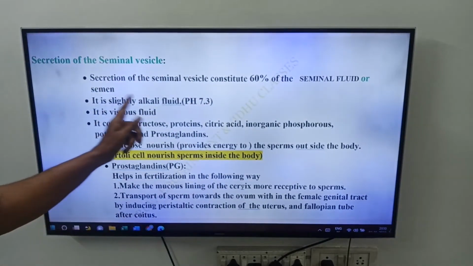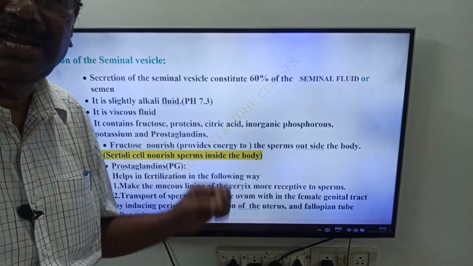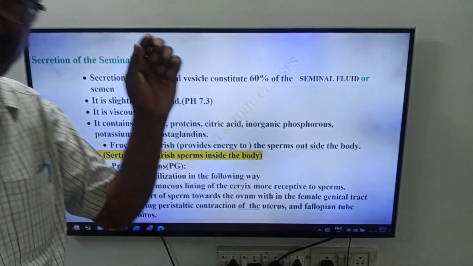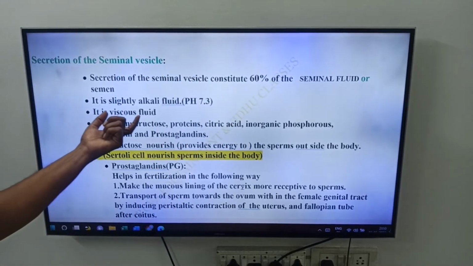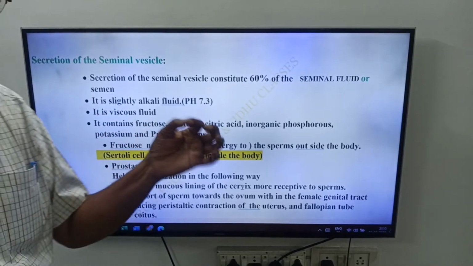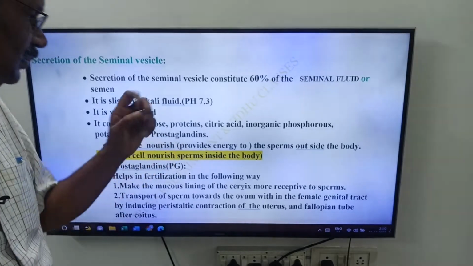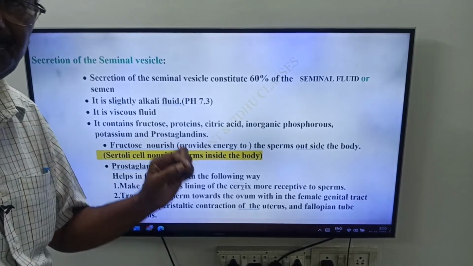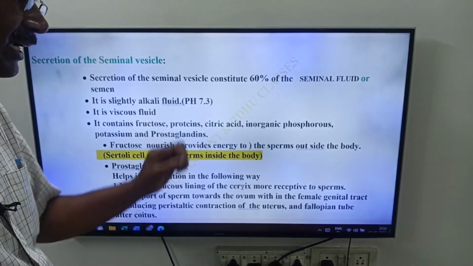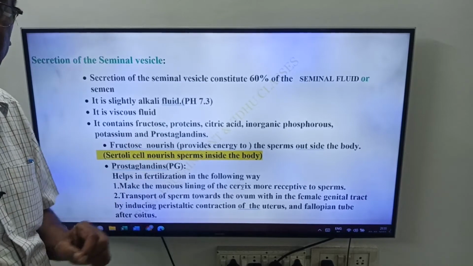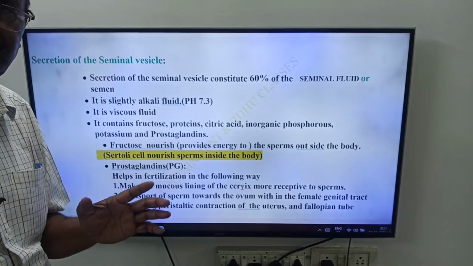Next, friends. Seminal vesicle secretion is slightly alkaline. What is the pH, friends? pH 7.3. It is a viscous fluid, friends. It contains fructose, proteins, citric acid, inorganic phosphorus, potassium, and prostaglandins.